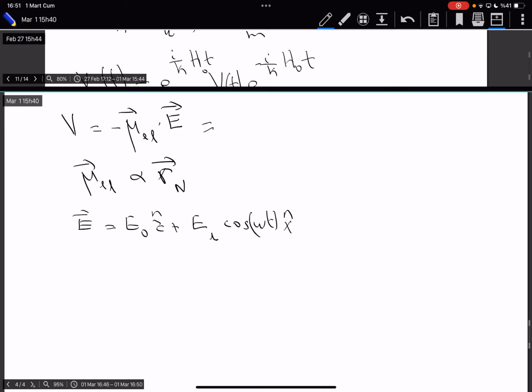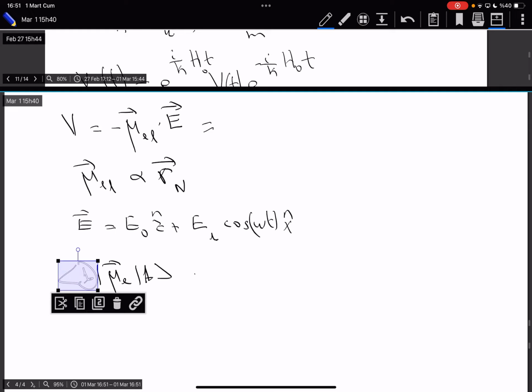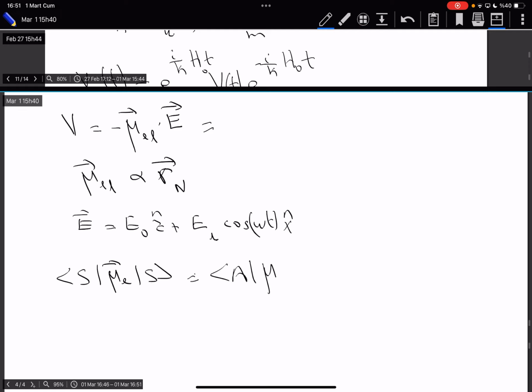Now, of course, if you want to put in more detail, this electric dipole moment vector in each one of these states will be 0.